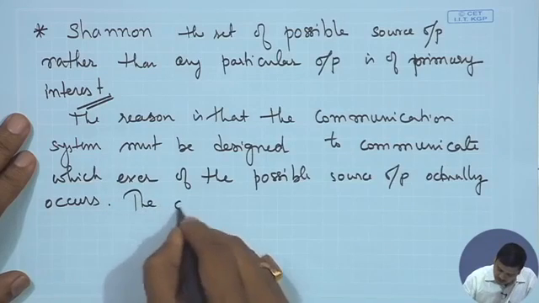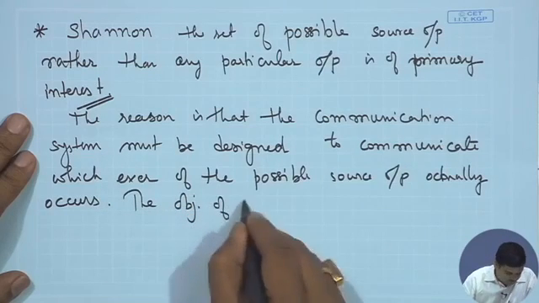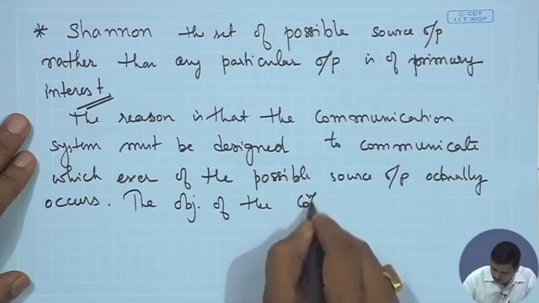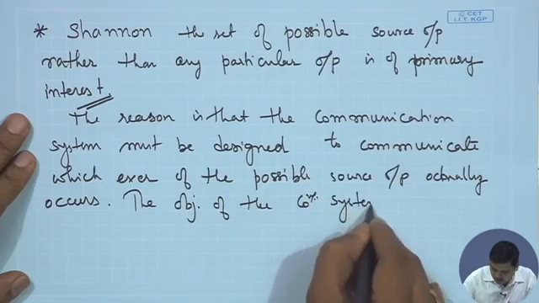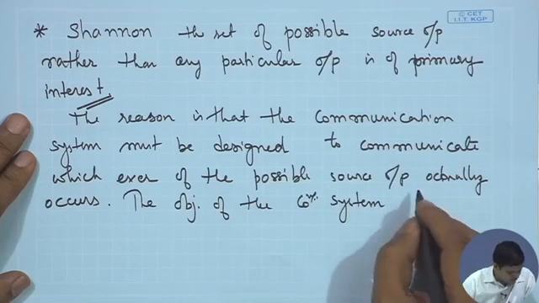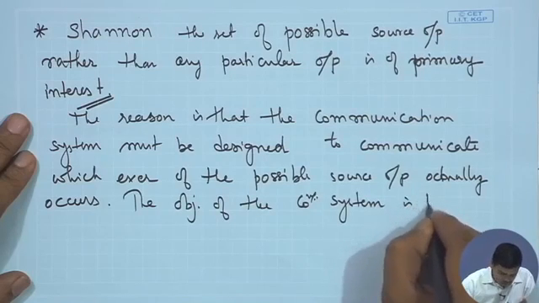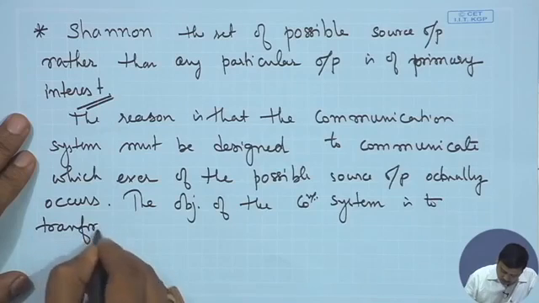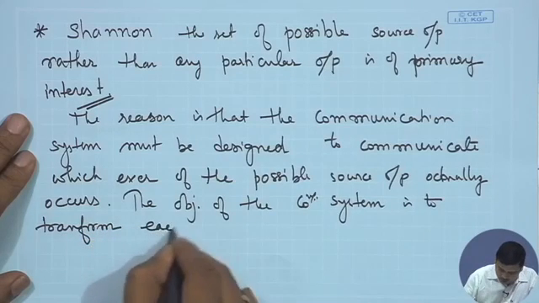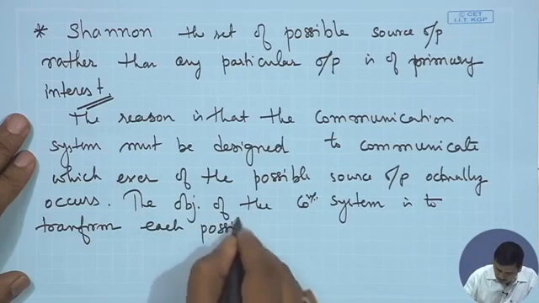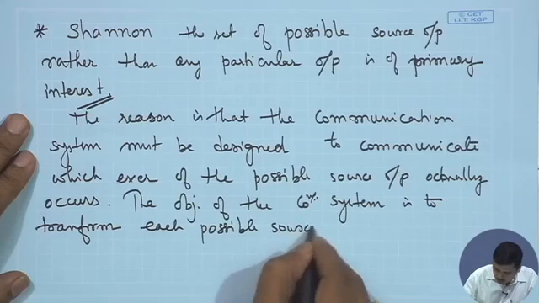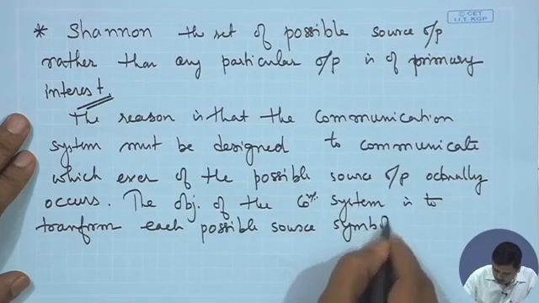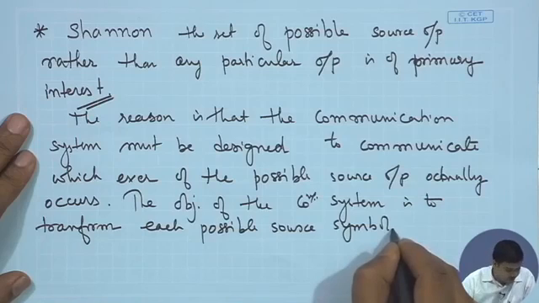and then we can write the objective of the communication system is to transform each possible source symbol. This is what we have stated earlier, but we are refining it.